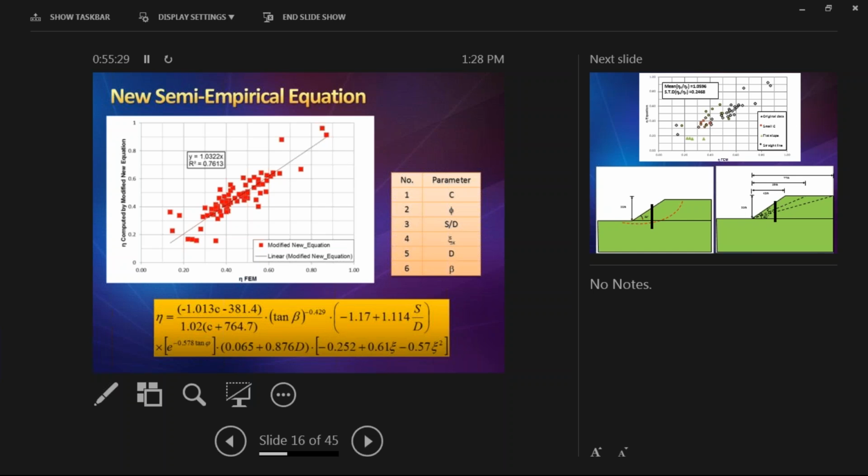And then you can see the new equation matched with the data computed from finite elements, relatively speaking, acceptable, because we cannot have one equation to satisfy all the data points. But as you can see, the R square is about 75%.